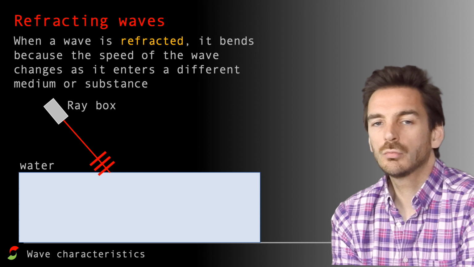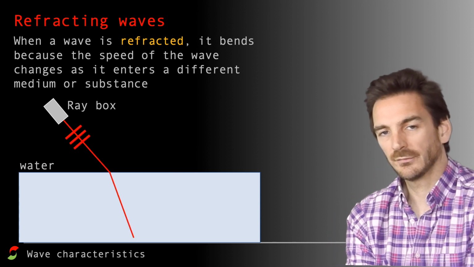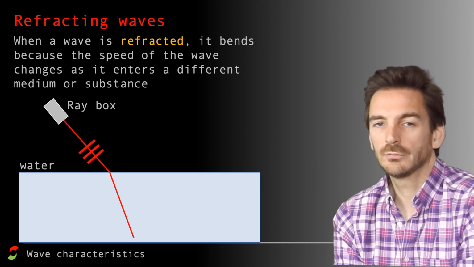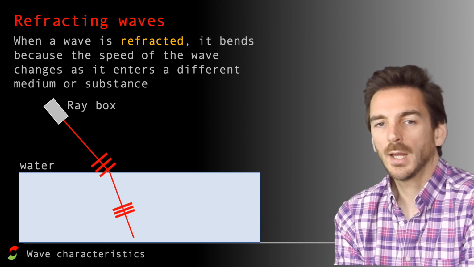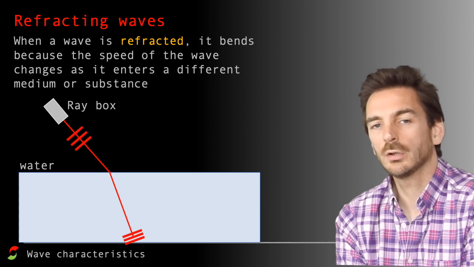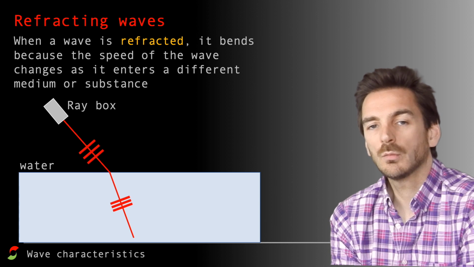And when that ray enters the water, it's going to refract, it's going to bend like this. And now we can look at what's going to happen to the wave fronts, or how they're affected by that. So this is quite a good animation to show you about the speed and also about the wavelengths.